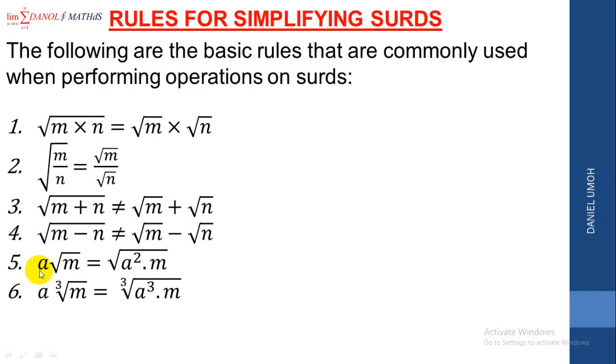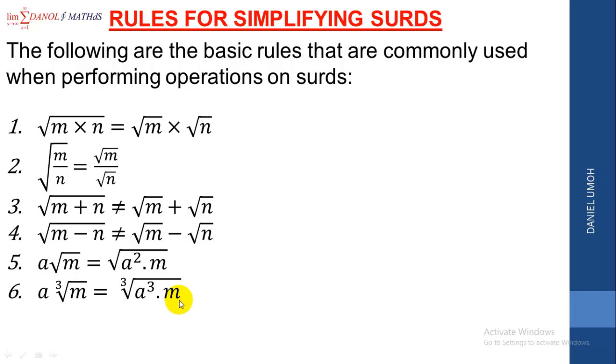Now the sixth rule: a cube root of m is equal to, when I push this a inside the root sign, it becomes a cubed times m. Take note of these rules. A cube root of m is equal to the cube root of a raised to the power of 3 times m. These are the basic rules commonly used when performing operations using surds.